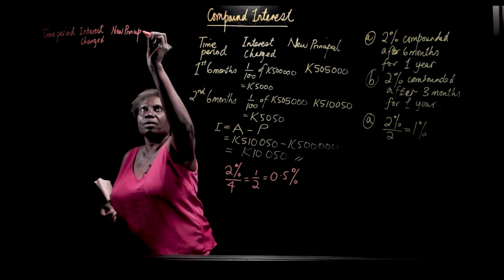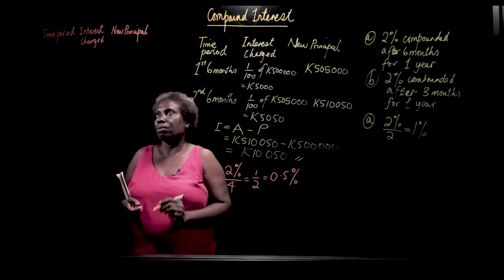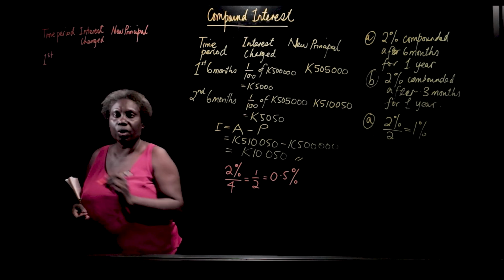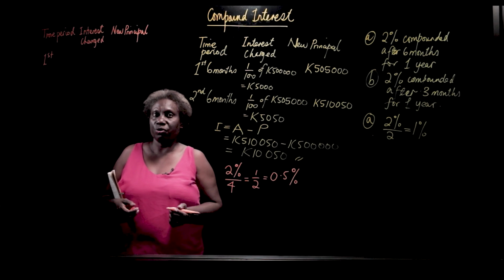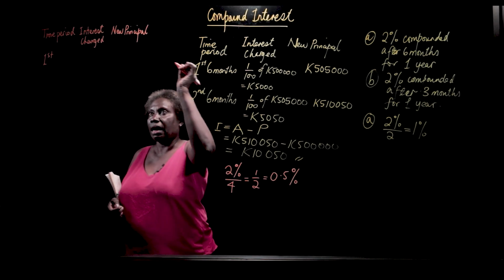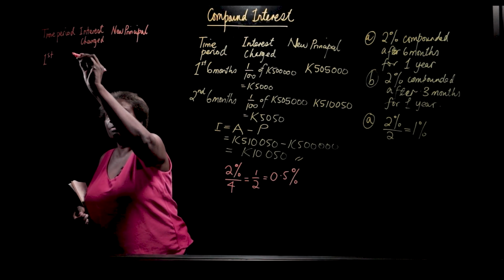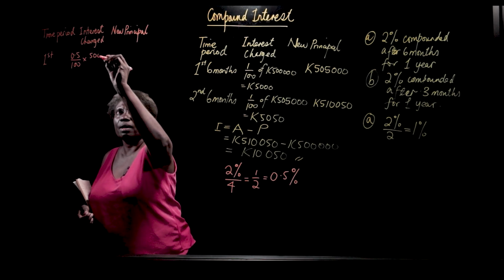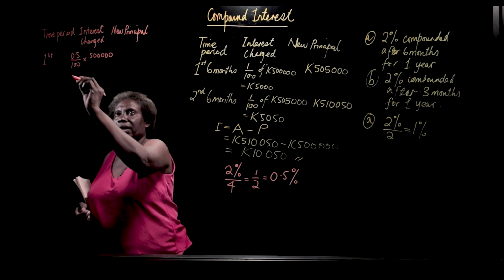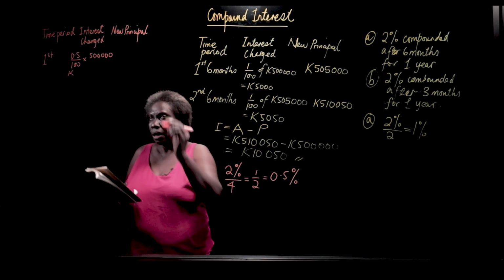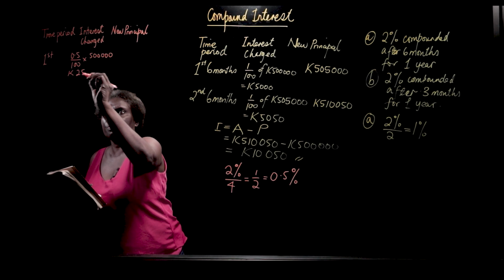Let's say the first 3 months is the first quarter. How much interest is going to be charged and what is going to be the new principal? After the first quarter, we have 0.5 over 100 times 500,000 kina, which gives us 2,500 kina.